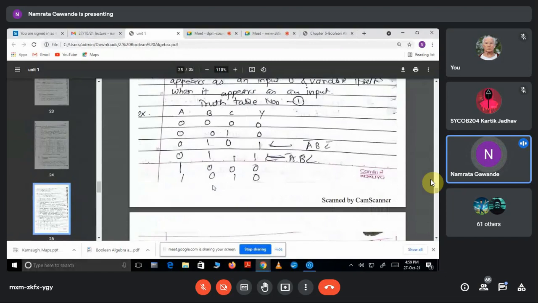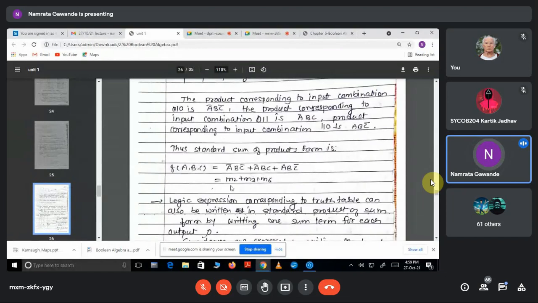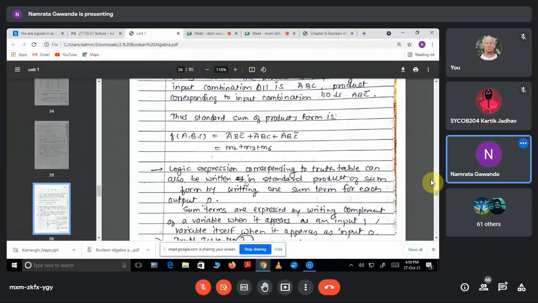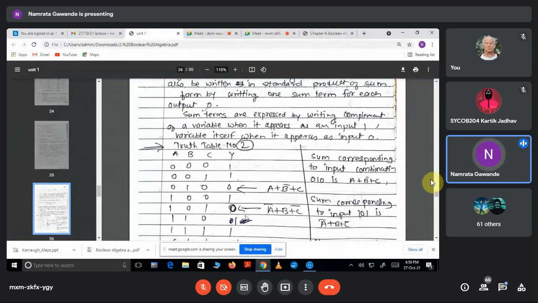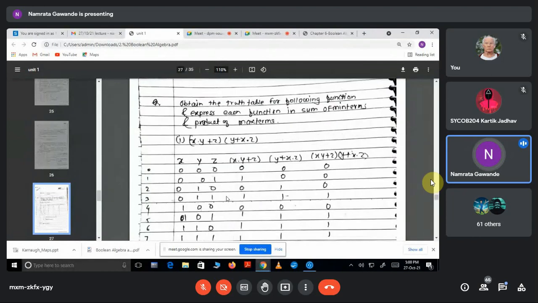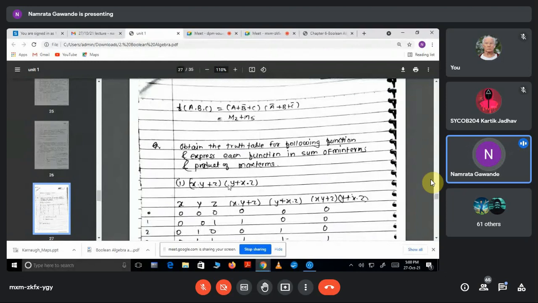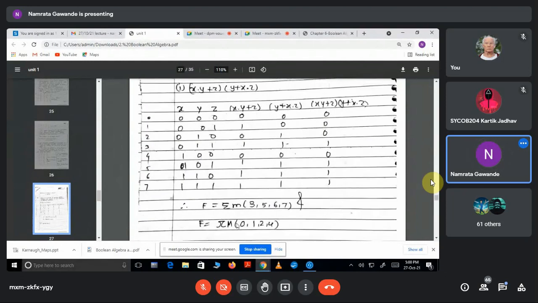If you want to convert a truth table into SOP form, this is how it is written. Many examples are given based on the truth table, on how to convert into SOP and POS form. If an expression is given, how to convert it and how to write its truth table is also given.